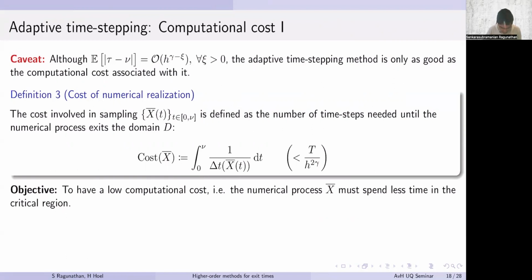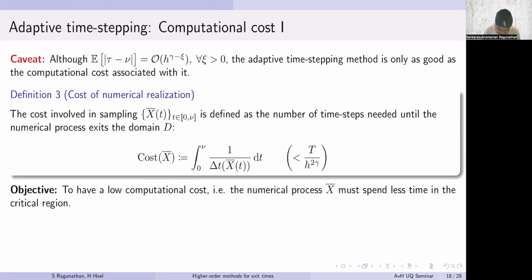In order to do that, we first define the cost of one numerical realization. So if we consider a path which starts at position x naught until it exits the domain, that would be just one trajectory, and we consider the cost associated with that one path using adaptive time stepping. So that's the idea of introducing this terminology here.